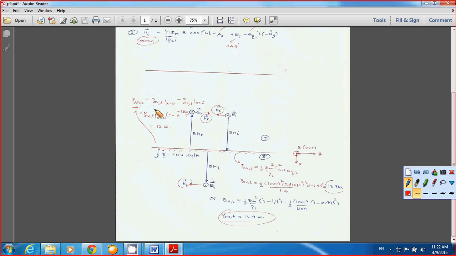Now for our P dissipation, you take a look at this one here. You're concerned over the skin depth, or the depth of penetration. You're going to have the power dissipation in this region of the skin depth simply equal to P average of the transmitted wave at the boundary here, minus the P average at x equal to delta, or at the skin depth.